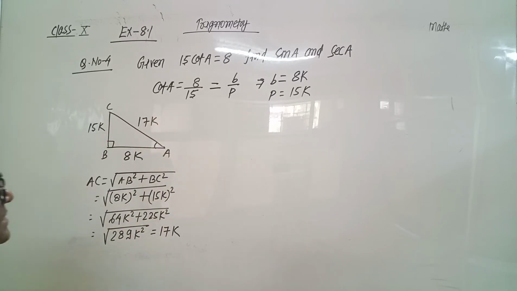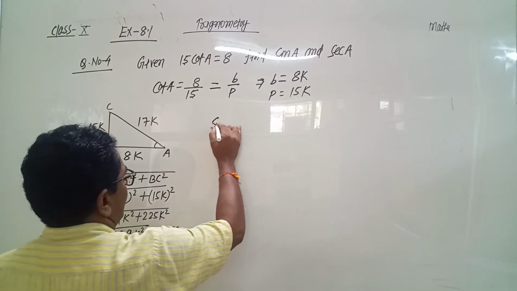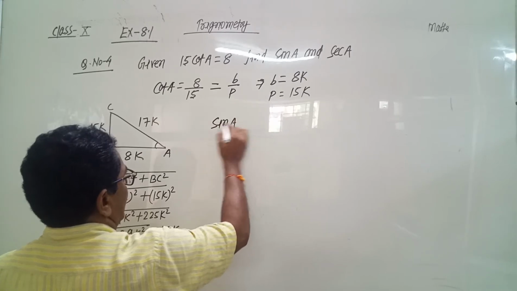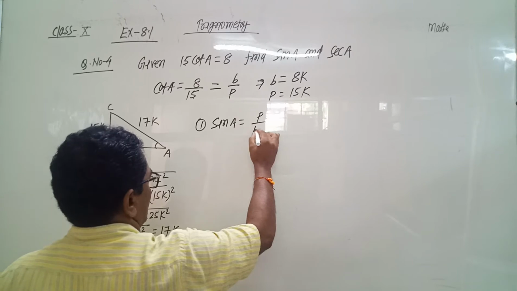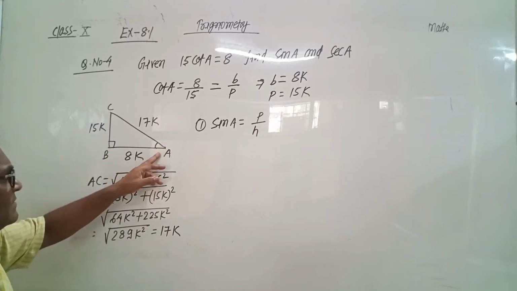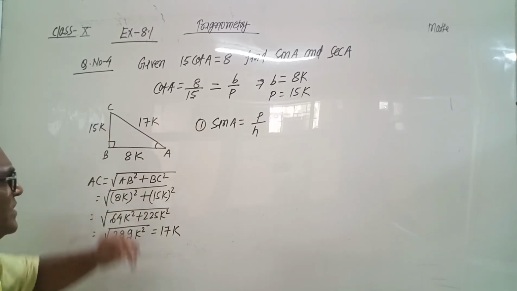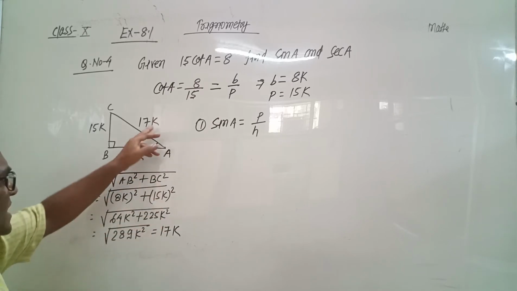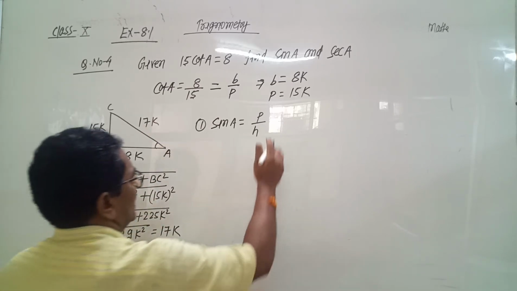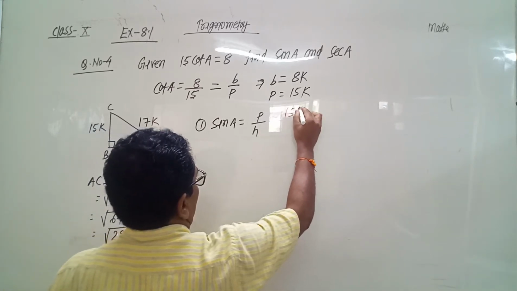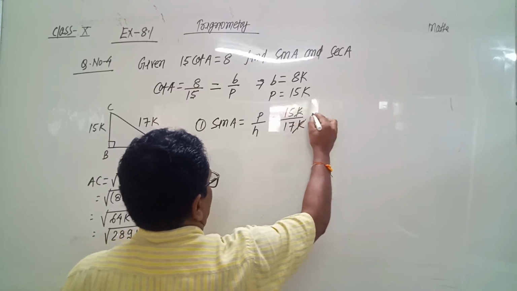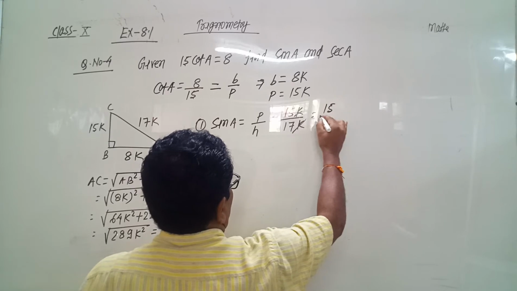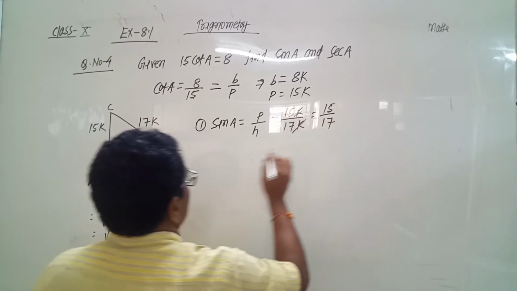Now we have to find sin A. The formula for sin is perpendicular upon hypotenuse. For acute angle A, the perpendicular is 15K and hypotenuse we have calculated as 17K. So 15K upon 17K, K and K get cancelled, and the result is 15 by 17.